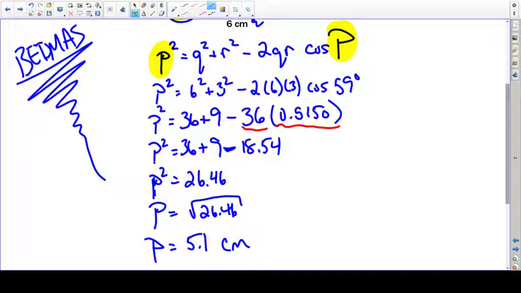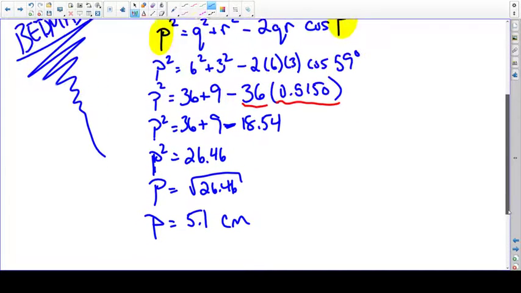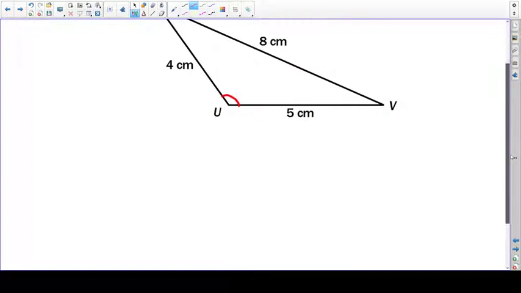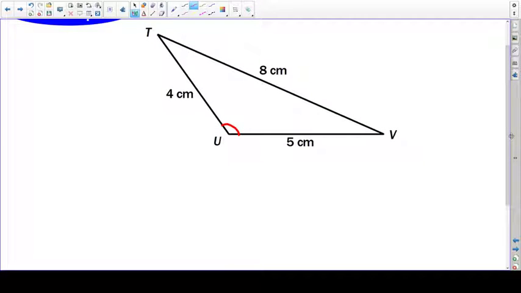Now, let's do another example. Find the measure of angle U. So we're looking for this angle right here. Why that's important is because we're talking about T, U, and V. So our formula will have T, U, and V in it.